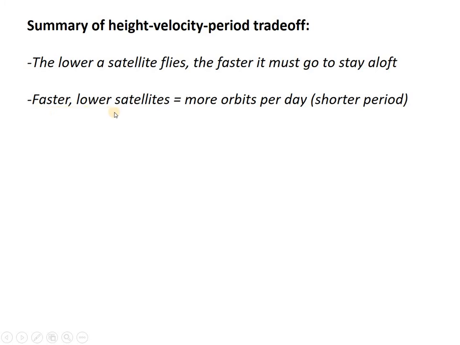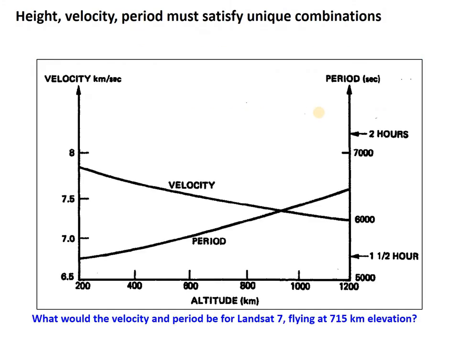And if you have a faster, lower satellite, that means it's going to do more orbits per day. It's going to have a much shorter orbital period. It's going to be doing 17 laps per day instead of 14 laps around Earth per day. And it turns out we can consolidate these relationships into this graph, which is complicated, but has all the important stuff on it.